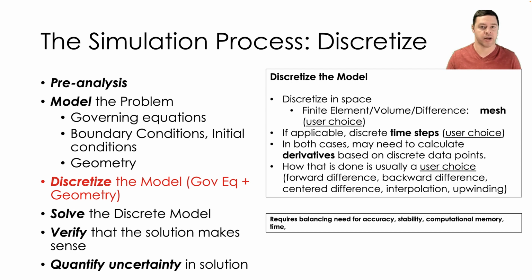So you'll see for many CFD solutions, the computational time is measured in hundreds of CPU hours. So you really need to balance the need for all four of those things, and sometimes accuracy isn't actually the one that wins.